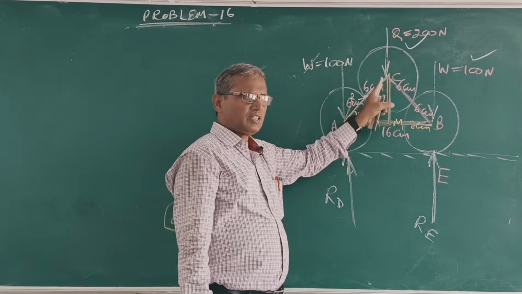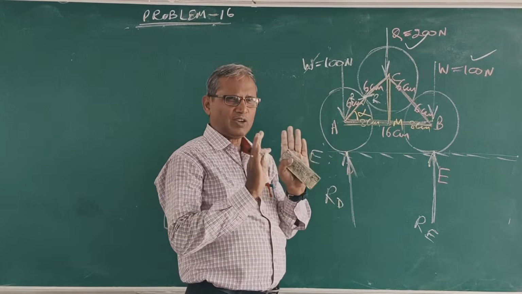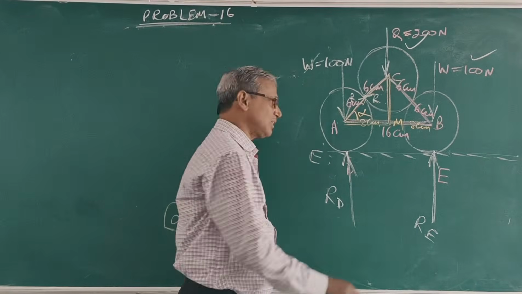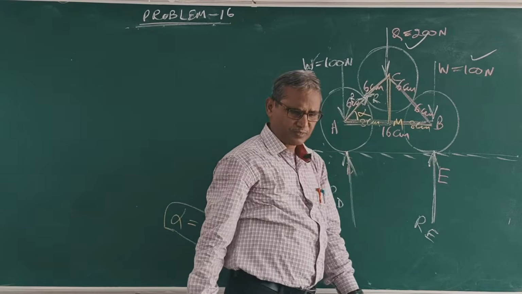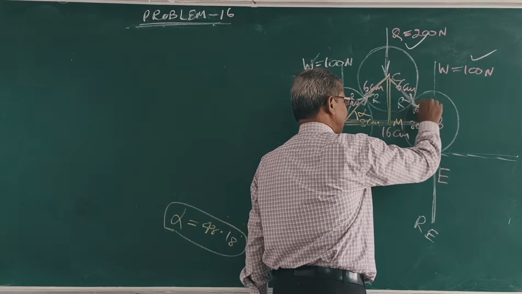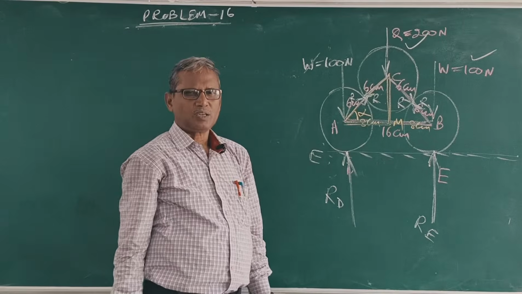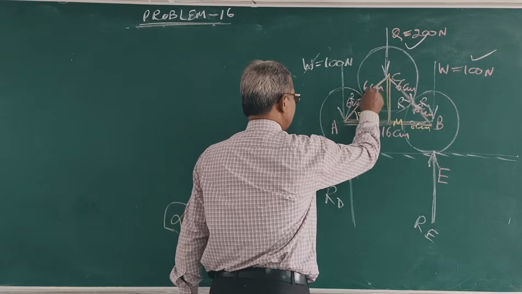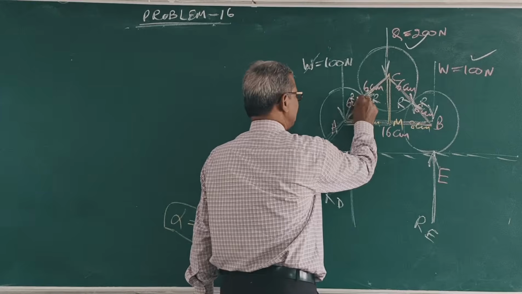If this force is more than this R, it can push downward. So to maintain equilibrium, both reactions must neutralize each other. That means both reactions are equal and opposite. At this point also, this is R, this is R. All forces are equal and opposite. So first find out what R is. Now see, this is R, this is R. Clear?